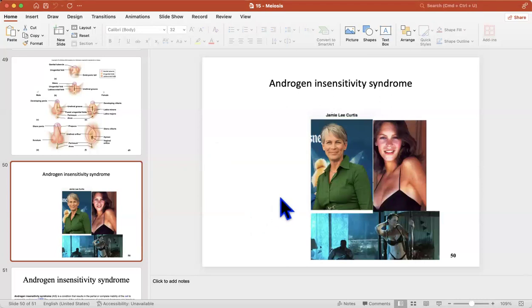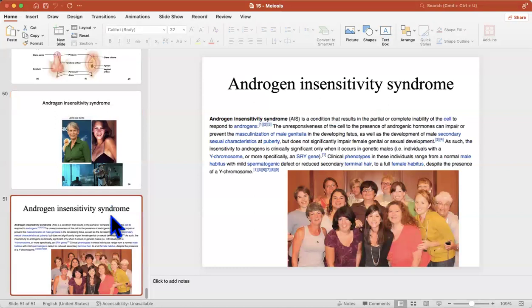She looked pretty, had a very nice body, but actually she's XY. In her body, she has androgen insensitivity syndrome. So that's another thing that can happen during embryo development. All these females are XY. They have testes instead of ovaries, so they all have androgen insensitivity syndrome.